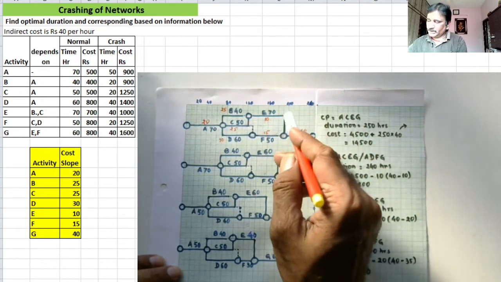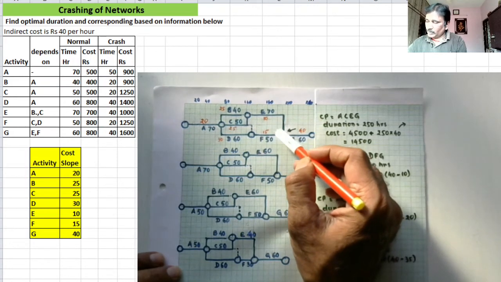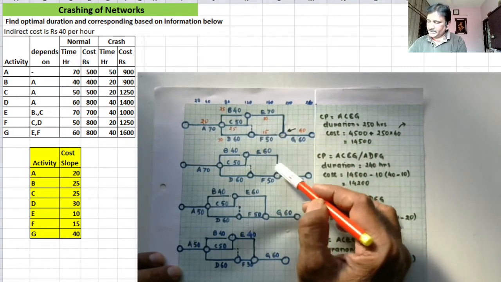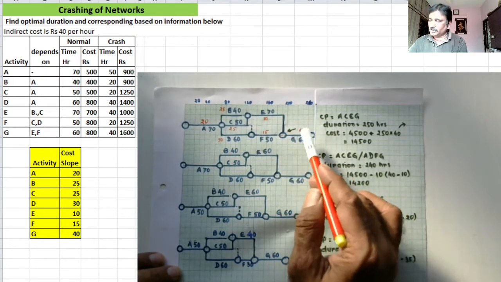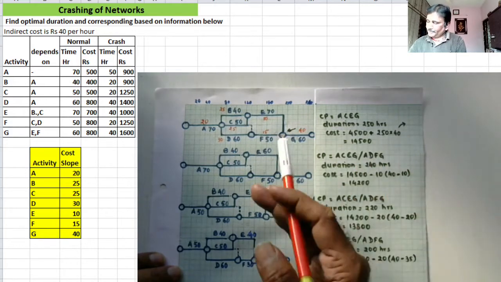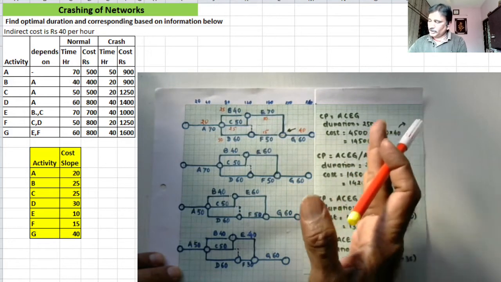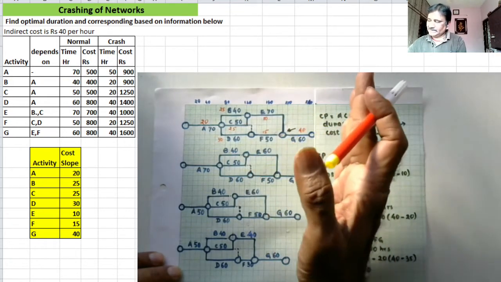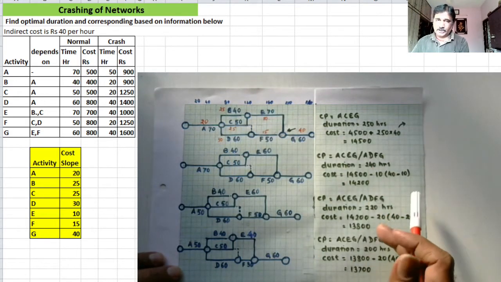What I'll be doing is redrawing this network, but this node I'll be drawing at this point. Just see, I have drawn this node 10 hours before, and the rest of the things attached to this node will still be attached to it. So the whole diagram is shifted after this point is shifted 10 hours before, right?